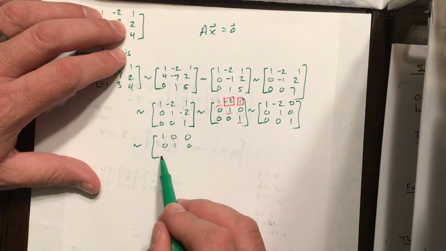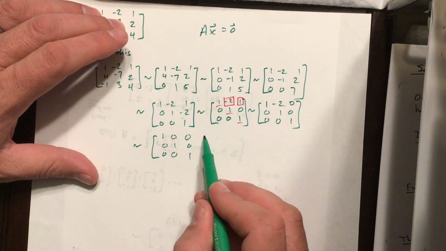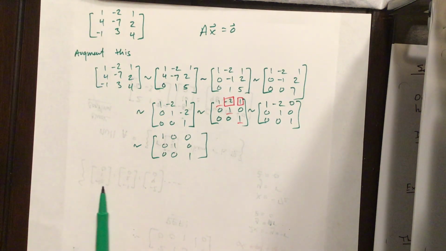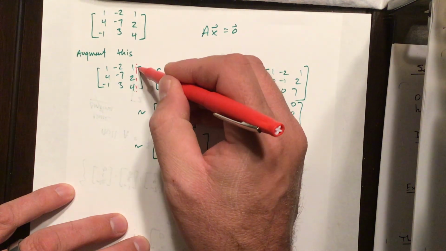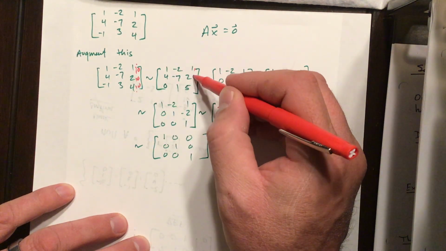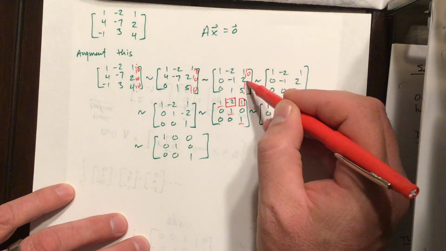0, 1, 0. Oh no. 0, 0, 1. I totally whiffed on this. I forgot to augment this. 0, 0, 0. 0, 0, 0. 0, 0.